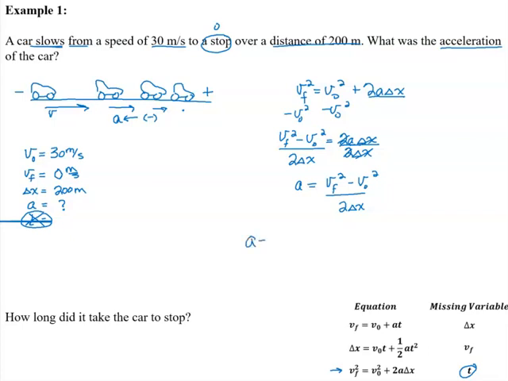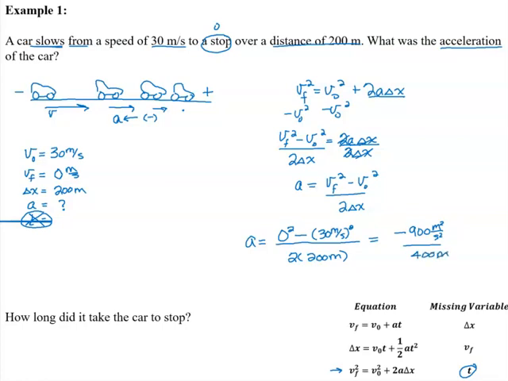So acceleration is equal to my final velocity, which is 0, minus my initial velocity squared. Yes, this technically is squared, but 0 squared is 0, divided by 2 times 200 meters.